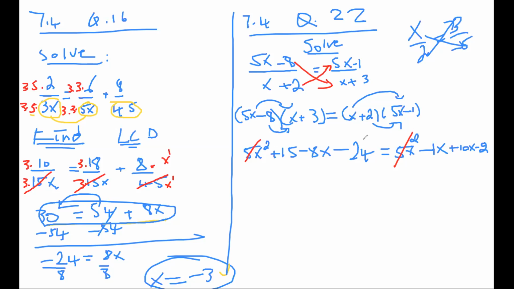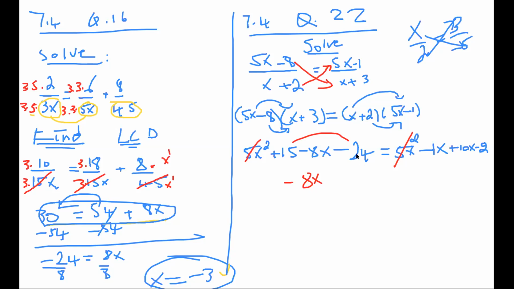Now we're going to simplify what's left. We can combine these two. What do you get? We can leave the x's on the left and move all the numbers to the right, but before that, let's simplify each side first.